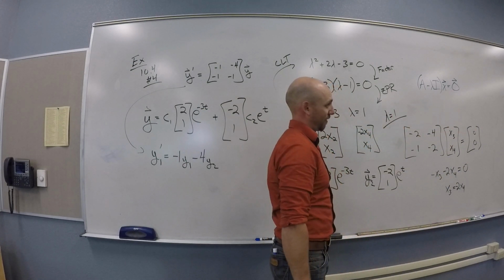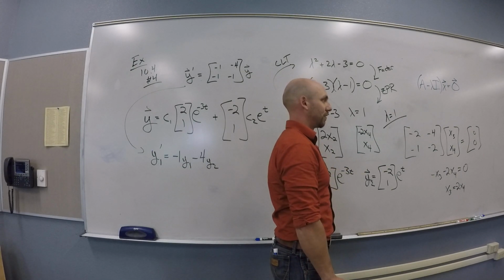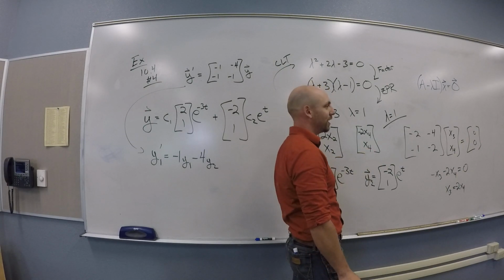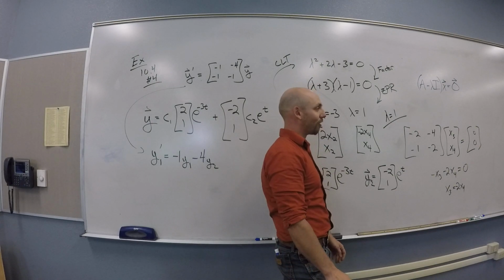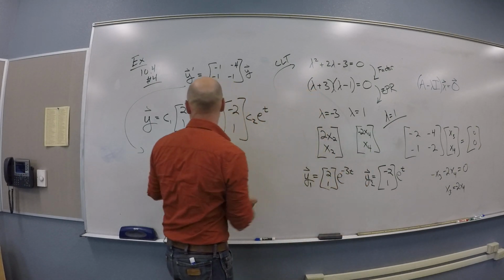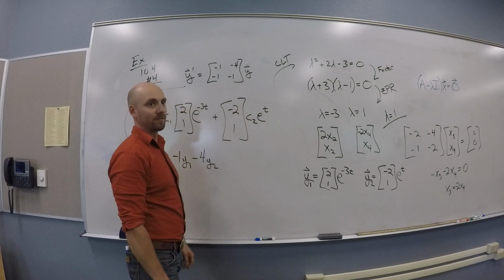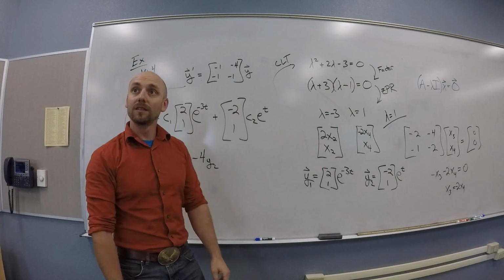Any ratio that satisfies that. You could pick x4 to be negative 100 million and 36, whatever, it doesn't matter at all. That gets just absorbed into this arbitrary constant anyway, so who cares? Cool? Alright, I think that's what I got.